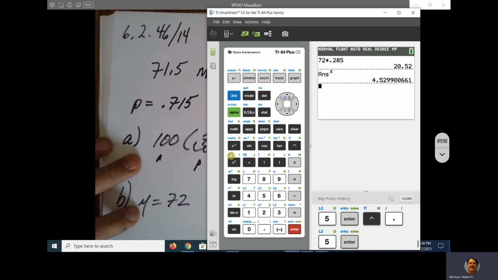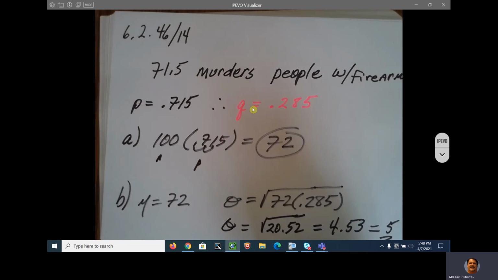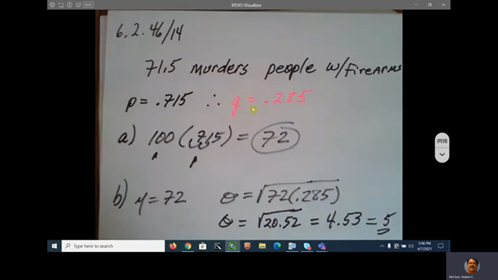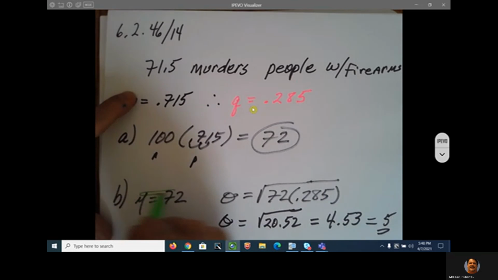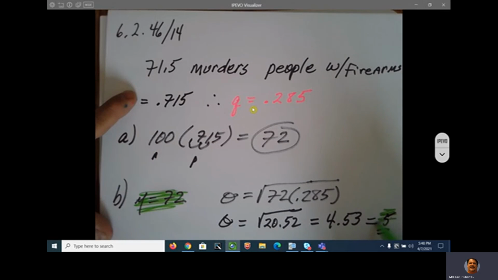I'm going to say that's equal to 5, because I'm not going to work with decimals on my curve. All right, so I've got my mean and my standard deviation.